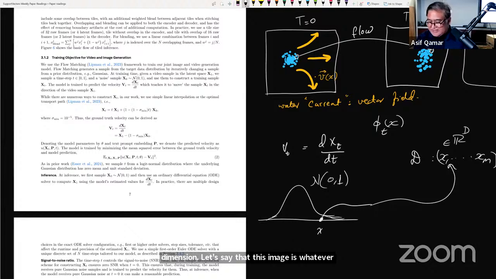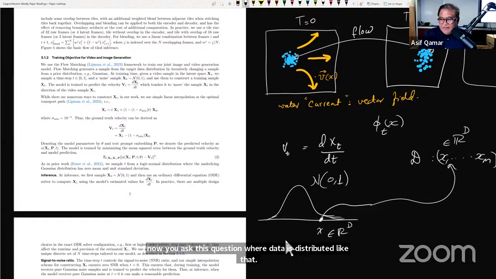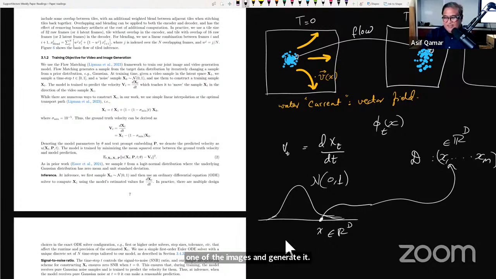You sample an X, also of d dimensions, from a normal distribution, a bell curve, a bell hill of d dimensions, and you just sample a point from that. Now you ask, can I flow it into one of the images and generate it? It's a very interesting thing: you're going from pure noise and trying to get back to an image. Now the question is, how would you do that?